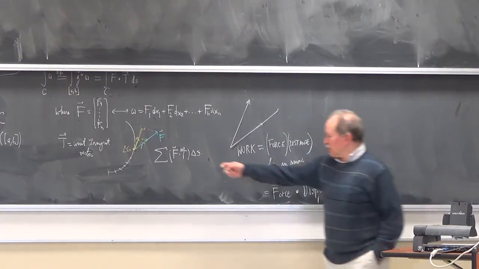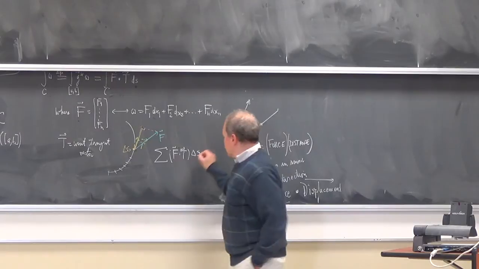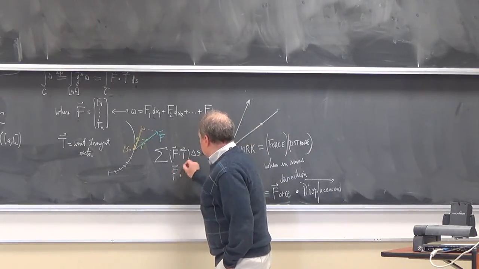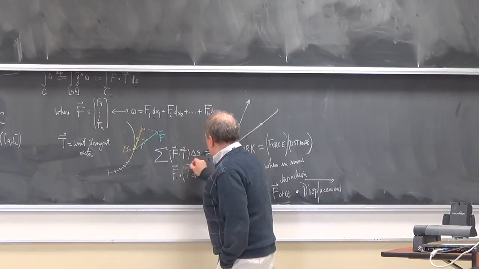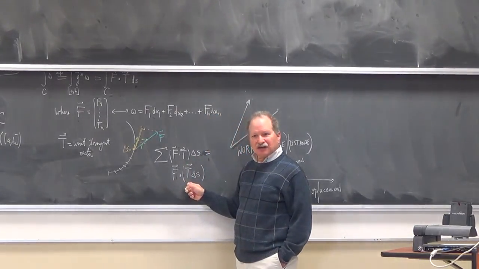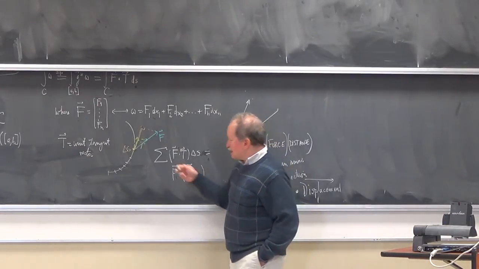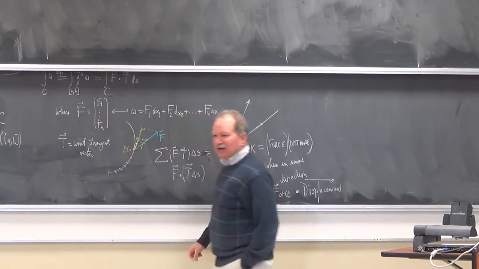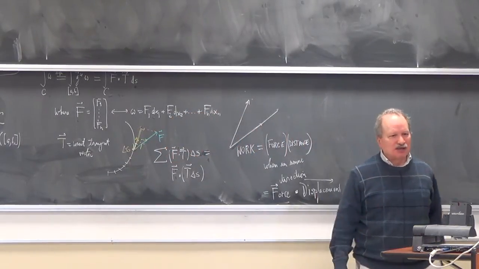And so that's what I'm doing here when I'm adding these up. This you can think of as force dot moving this amount in the direction of the curve, approximately, right? In the tangent direction at distance delta s, you're approximating moving along this part of the curve by moving in the actual tangent direction. And in the limit, that approximation is supposed to be the exact integral.